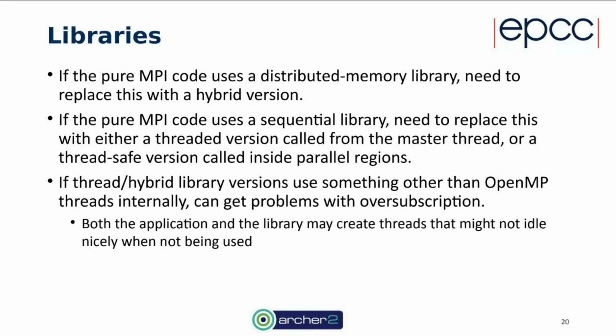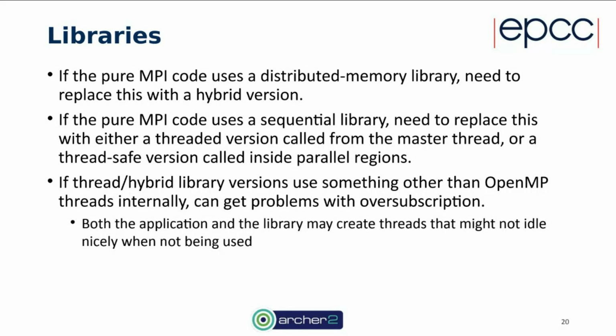Okay, so libraries can be quite a problem. In particular, if your pure MPI code uses some distributed memory library, then we're going to need to replace that with a hybrid version. And that may or may not exist.